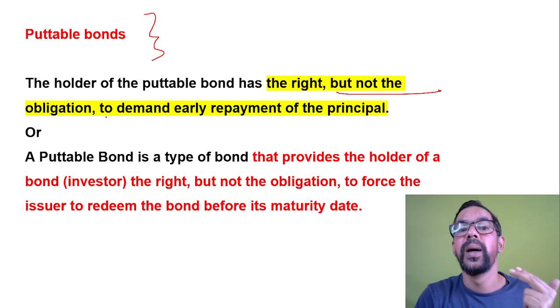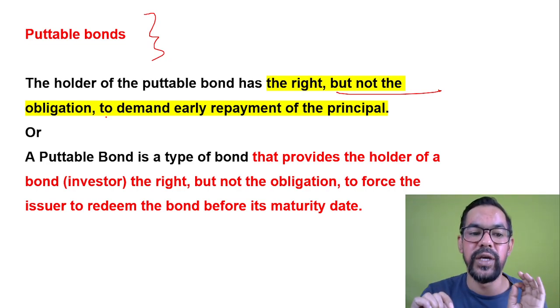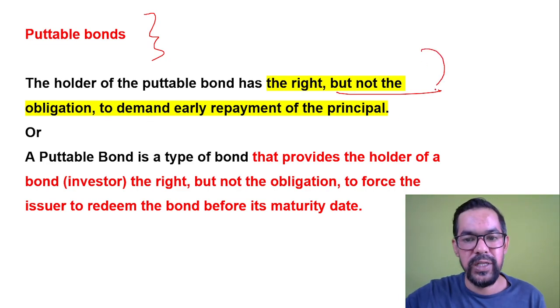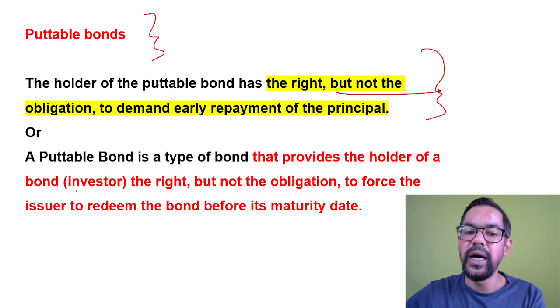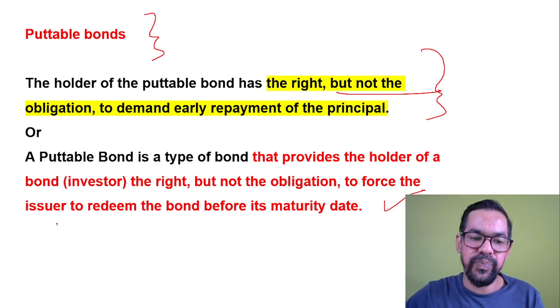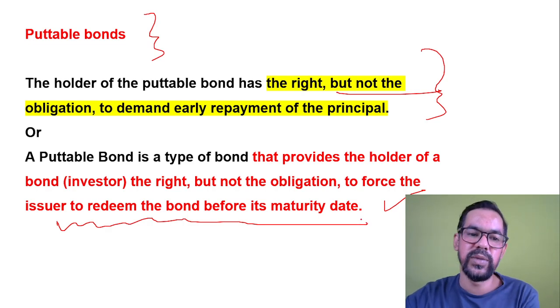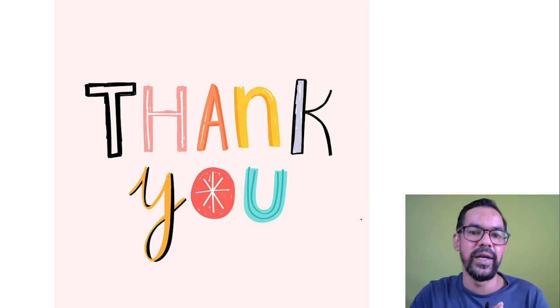Please do remember this: to demand early repayment of the principal amount. A putable bond is a type of bond that provides the holder the right, but not an obligation, to force the issuer to redeem it before maturity. This is a very simple one. If you know the concept of call and put, you can easily relate to this.